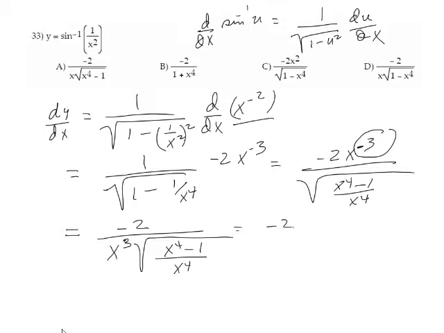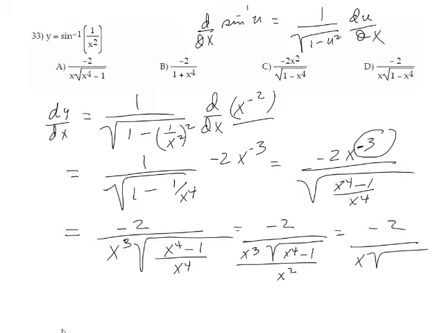This is minus 2 over x cubed times the square root of x to the 4th minus 1 divided by x squared. And this becomes minus 2 over x times the square root of x to the 4th minus 1. And that looks like answer A.